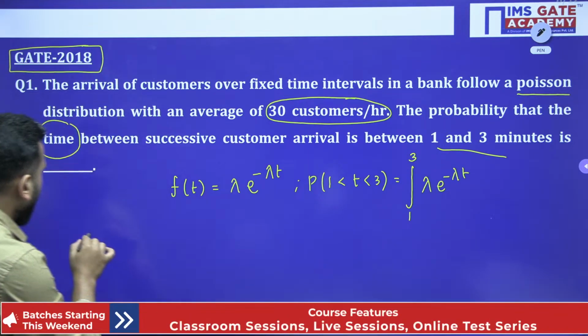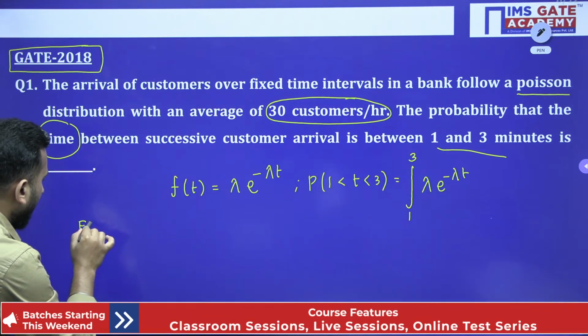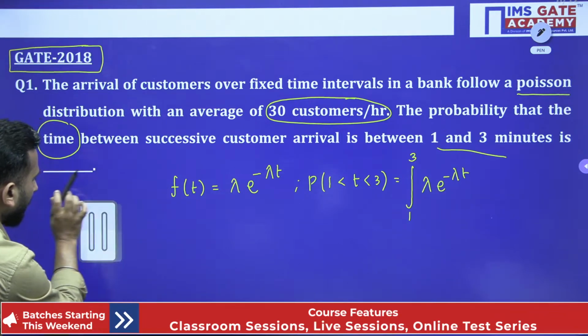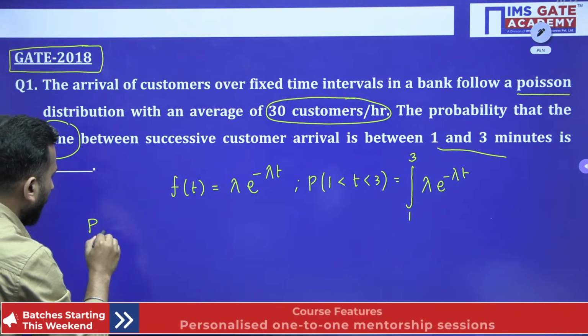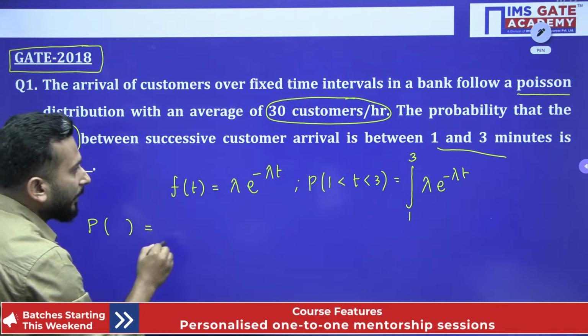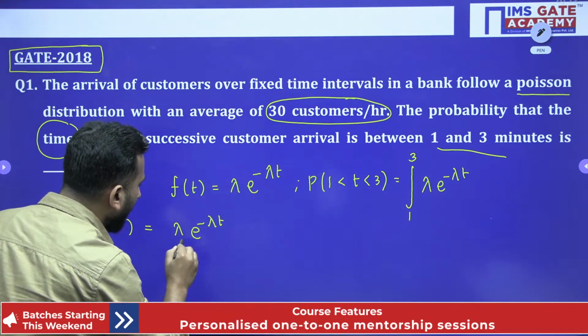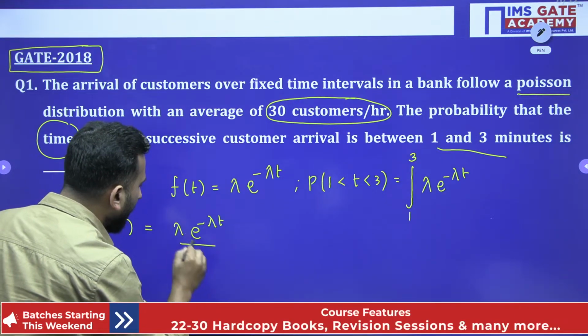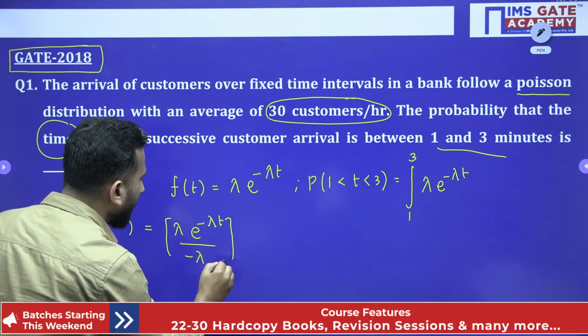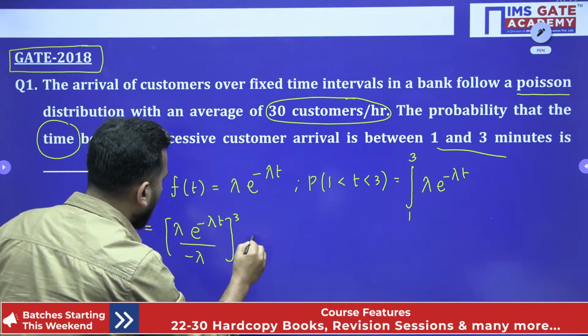Yes, so let me integrate it, my dear friends. The probability will be lambda e to the power minus lambda t divided by minus lambda, between 1 minute and 3 minutes.